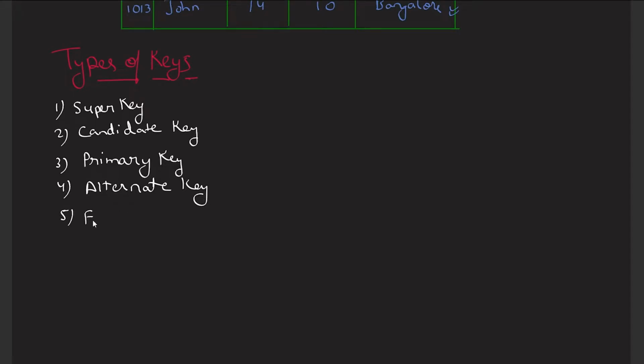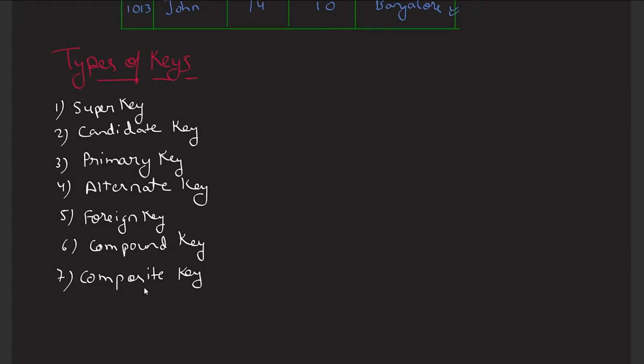Fifth, foreign key. Sixth one is the compound key. Next one is composite key. And the last one is surrogate key.